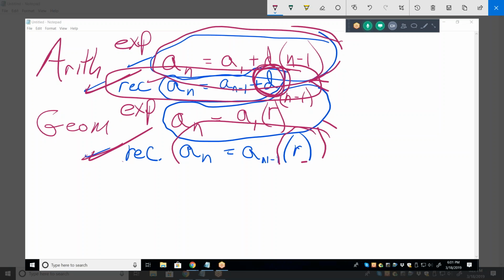Usually they'll give you a sub 2 or a sub 5, or both of those, and then they'll say figure out the sequence. They won't give you a sub 1. If you start with a sub 1, it's going to be a pretty easy problem. Yeah, all of them give me a sub 1.